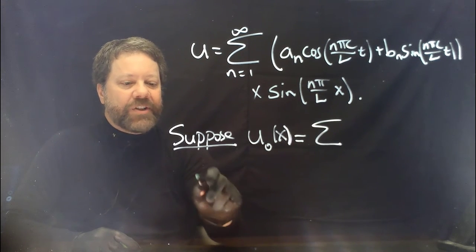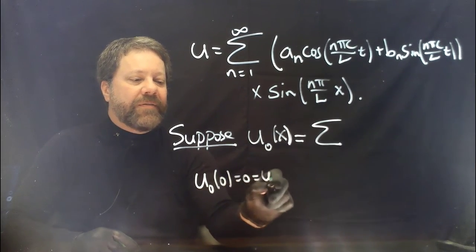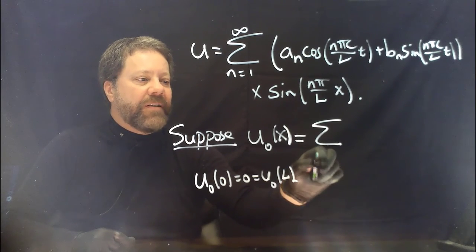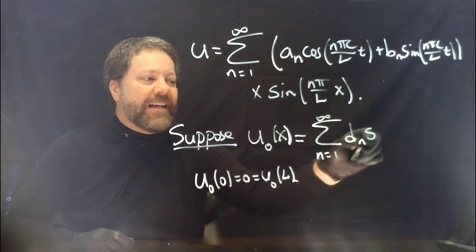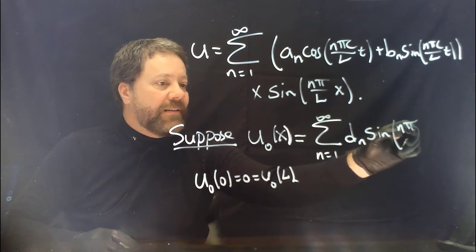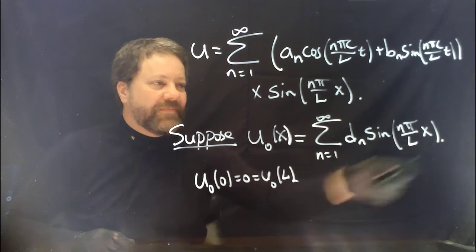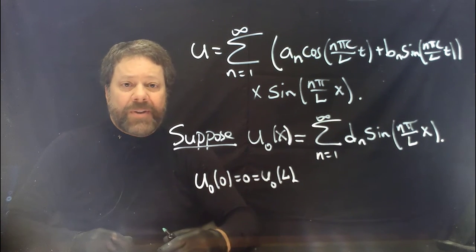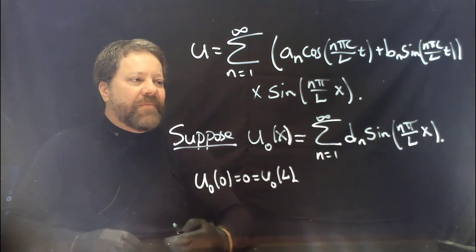But because the initial displacement must satisfy the boundary conditions, it has to be of the form, the sum as n goes from 1 to infinity, of dn times the sine of n pi over L times x. Whatever this initial displacement is, it can't have the cosines because we can't have displacement at either of the boundaries.